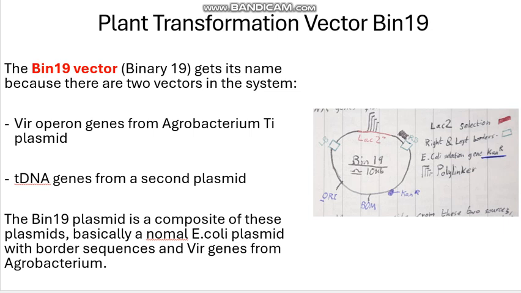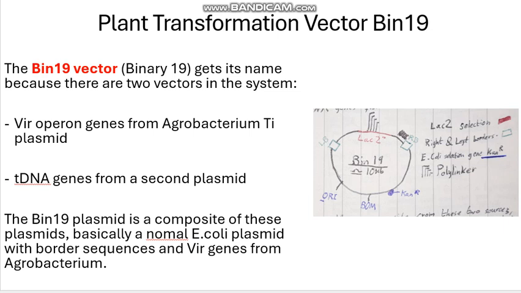So, just look at the image on the right. The transgenic plasmid that we're talking about has the left border, the right border, the tDNA, a LacZ gene, and we're going to insert a gene of interest within the LacZ gene.